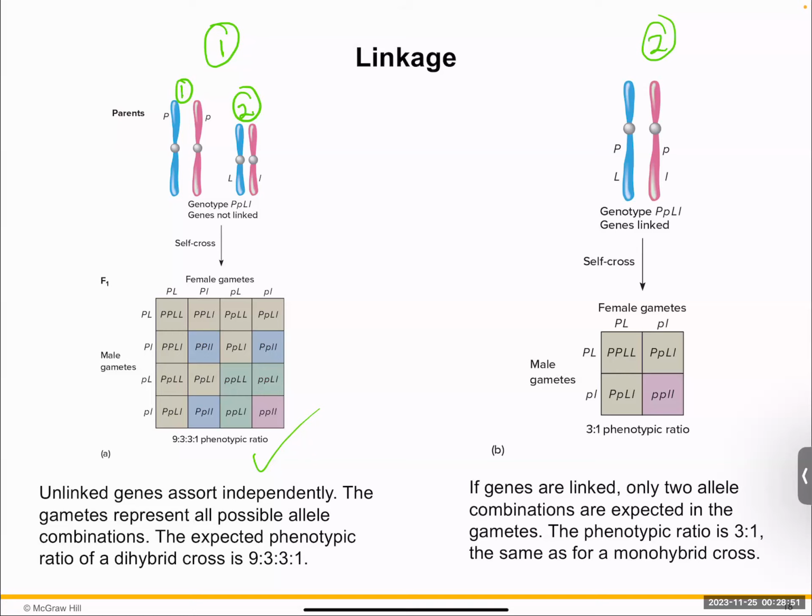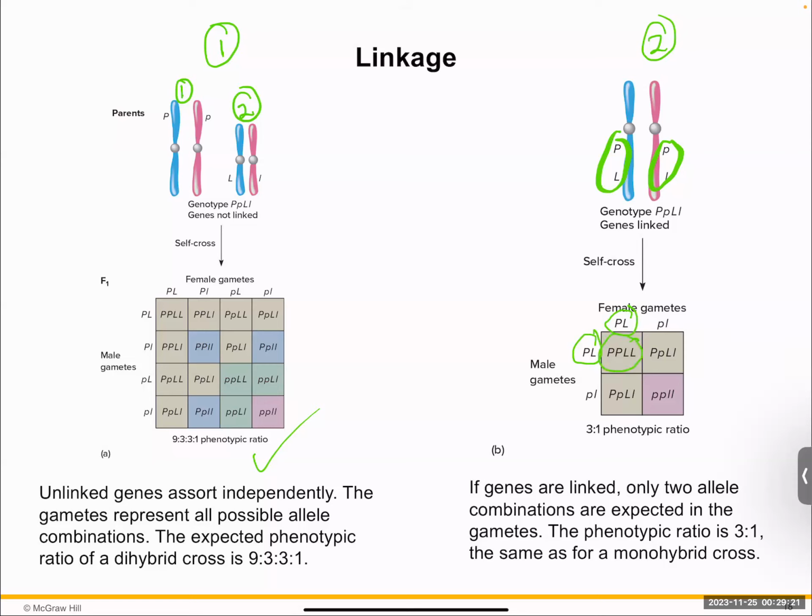However, when we are looking at linked genes, like the P and L genes in the second example, you will have no independent assortment, which means basically these two genes are always going to be together and these two are going to be together. So when we write them, we create one pattern for them.